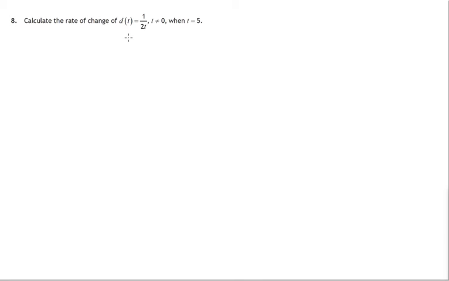Here we're asked to find the rate of change of this function d of t equals 1 over 2t. Now one of the first problems we have is that we know the rules for differentiating functions.